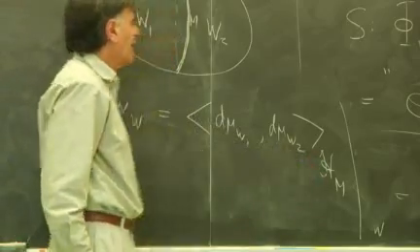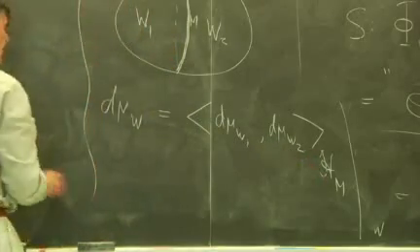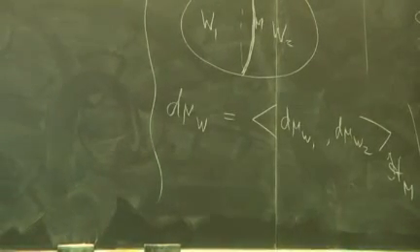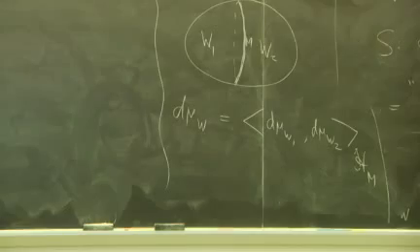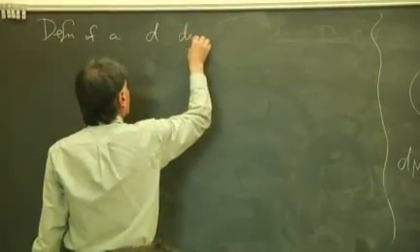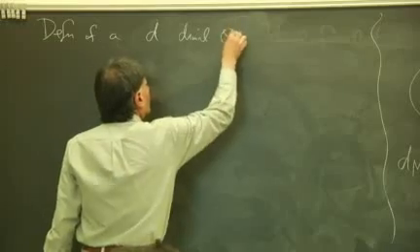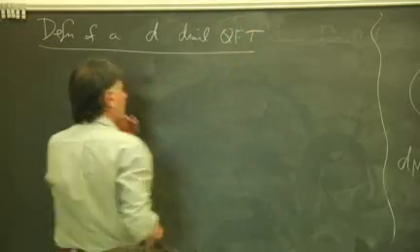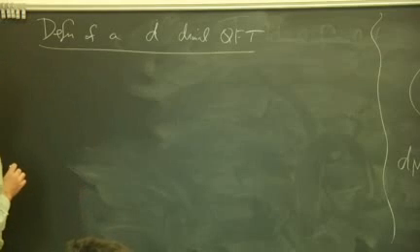So we want to try and axiomatize that, and we'll give now a formal definition of a d-dimensional quantum field theory. And this is really only a kind of sketchy and rather provisional definition. I'll comment on that later on.